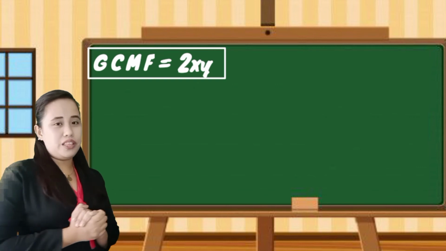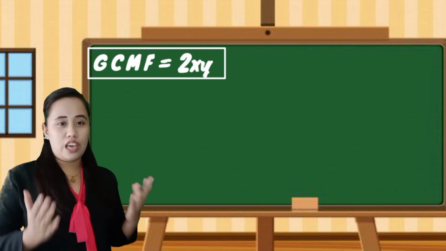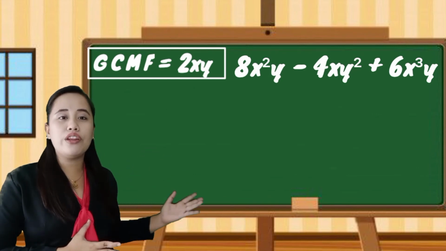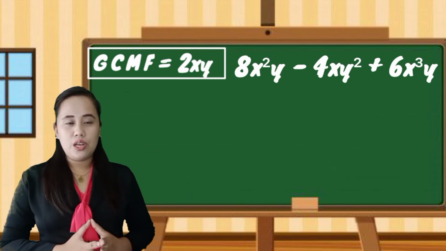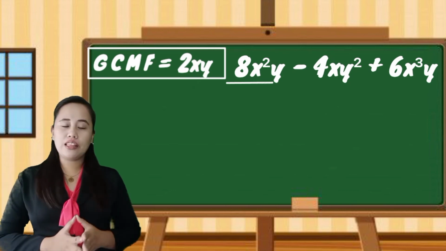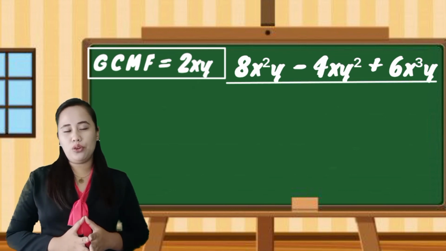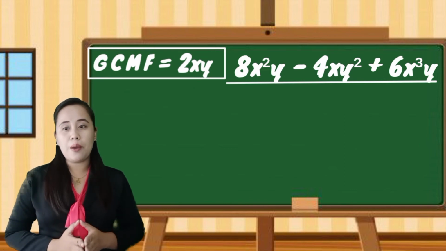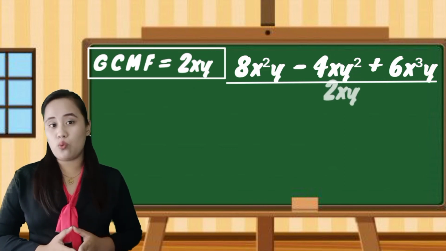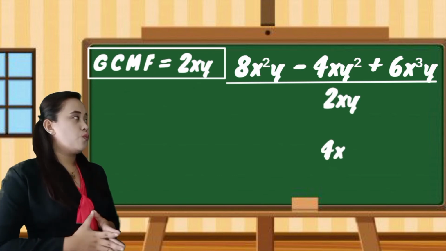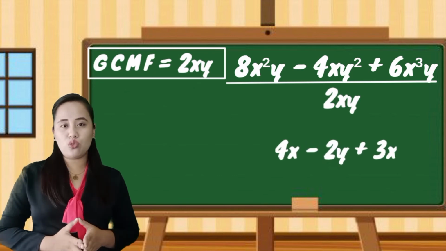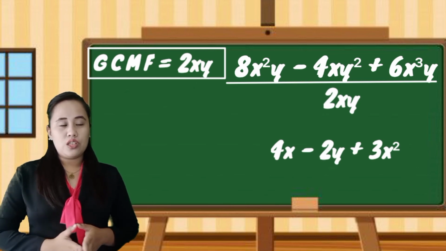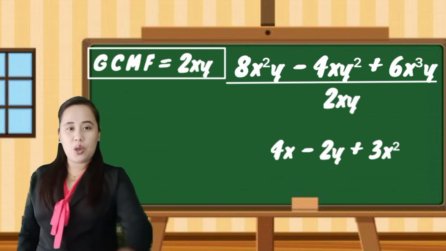So for step number 3, we have to divide each term of our original expression by our greatest common monomial factor. So dividing 8x squared y minus 4xy squared plus 6x cubed y by 2xy, we have 4x minus 2y plus 3x squared. So step number 4.